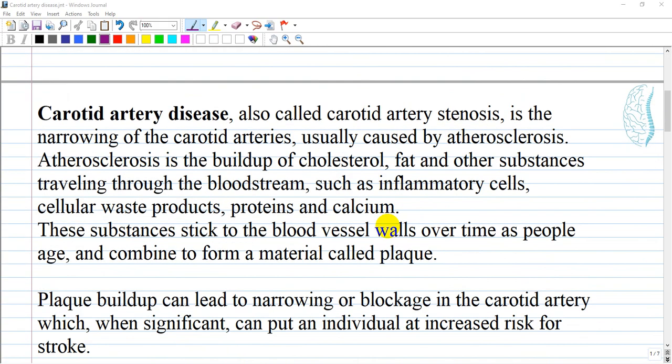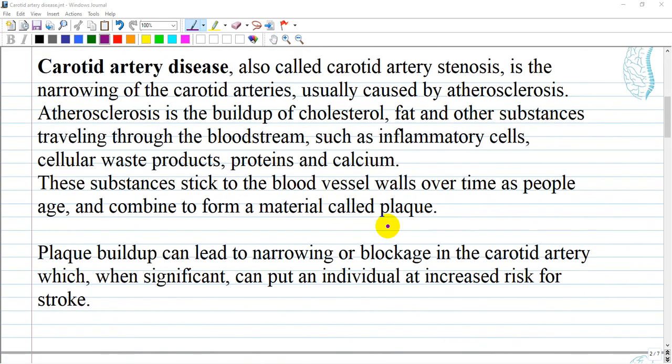Carotid artery disease, also known as carotid artery stenosis, is the narrowing of the carotid arteries, usually caused by atherosclerosis. Atherosclerosis is a buildup of cholesterol, fat, and other substances traveling through the bloodstream, such as inflammatory cells, cellular waste products, proteins, and calcium.